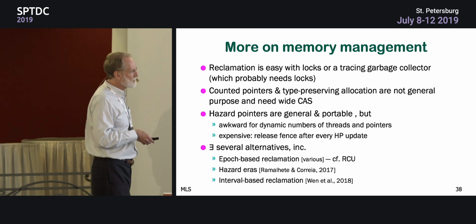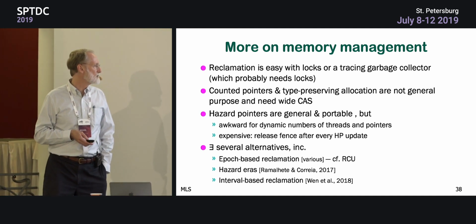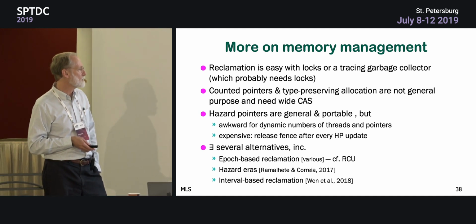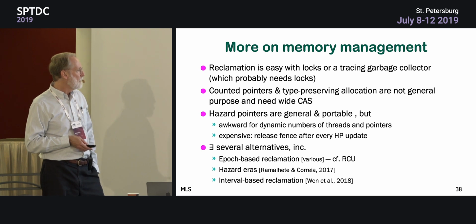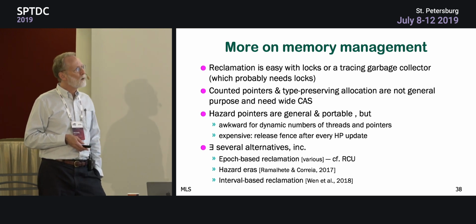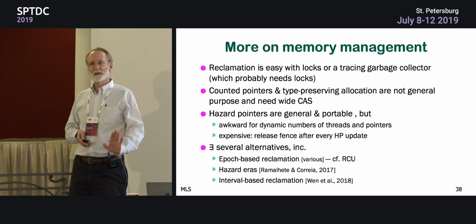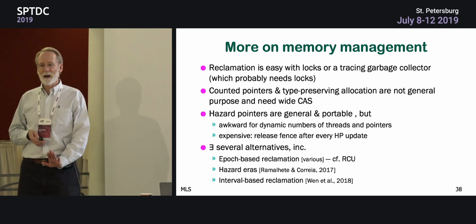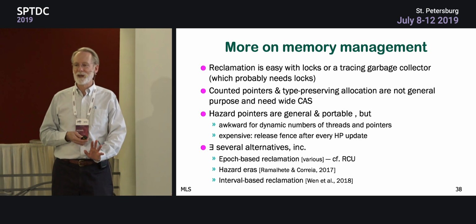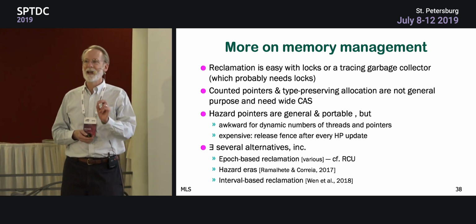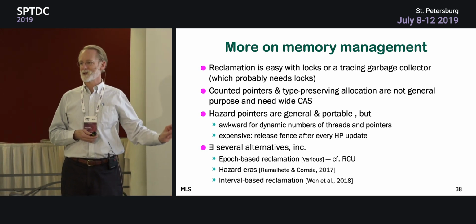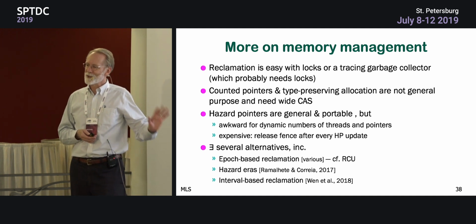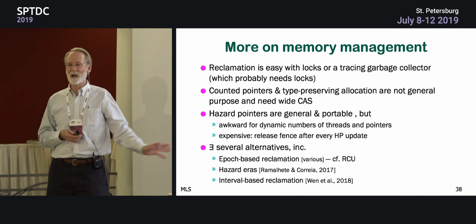Then just this last year, a student of mine, Hao-Sen Wen, and co-authors published an algorithm at PPoPP that avoids the unbounded space allocation that can occur with indefinite preemption by allowing you to reclaim things that were created after a thread went to sleep. So a thread could go to sleep and it doesn't hold things up forever.